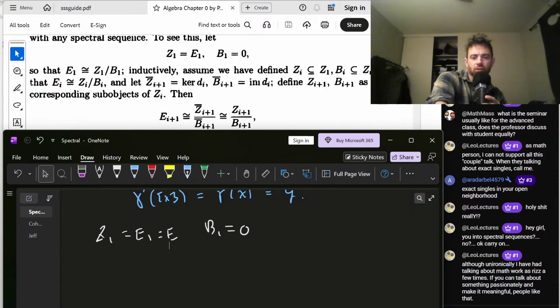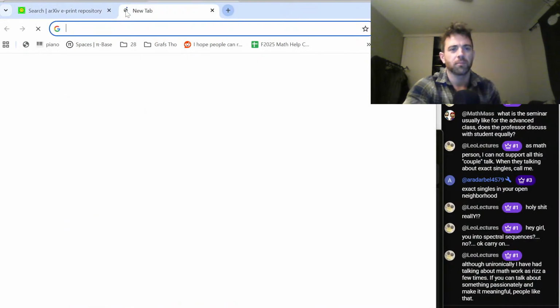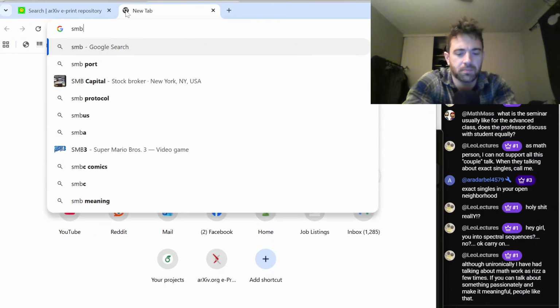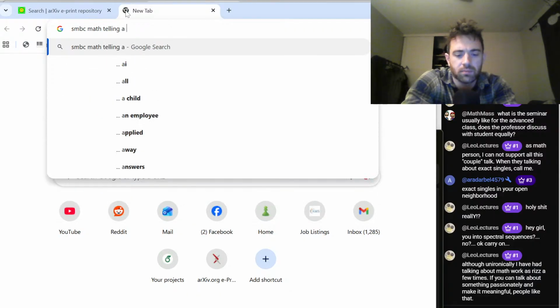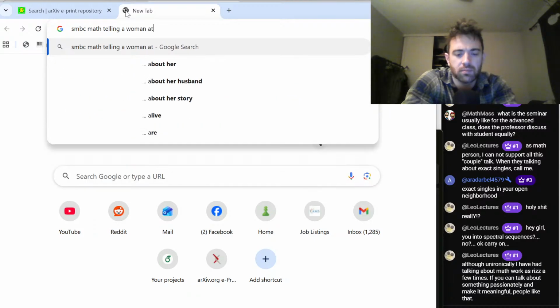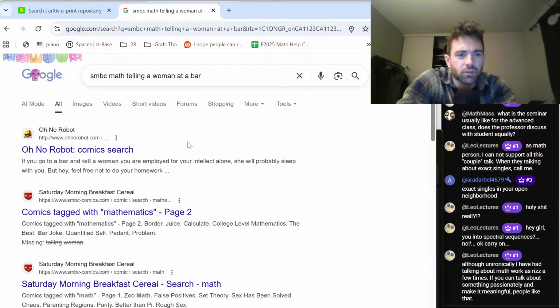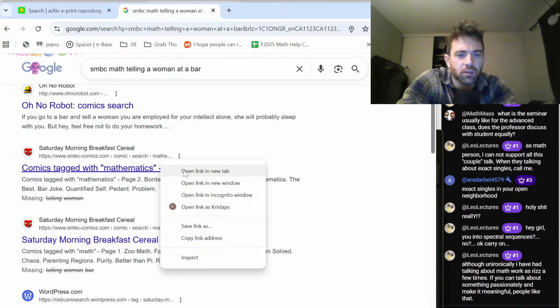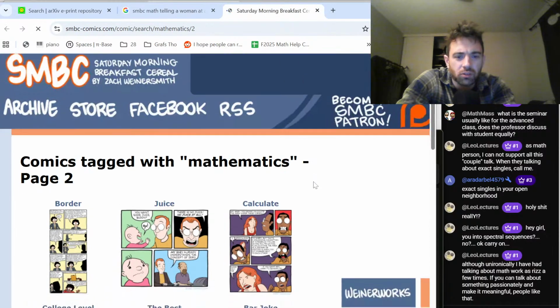Also, there's an SMBC comic about this. Where is it? Comics tagged with mathematics? Maybe it's going to be way too many.